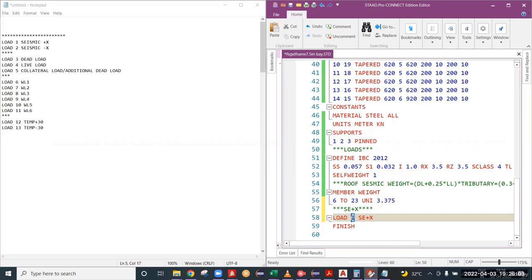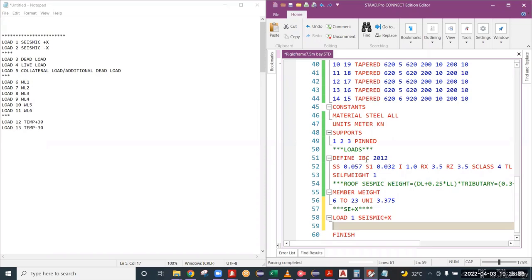That is the first number, load case number 1. This is the name, whatever you can give, like seismic positive x, or x1, x2, something. This is your name; you are giving this name. This will not affect the syntax, but you have to give it properly. Load 1 seismic positive x. I am giving it like this.